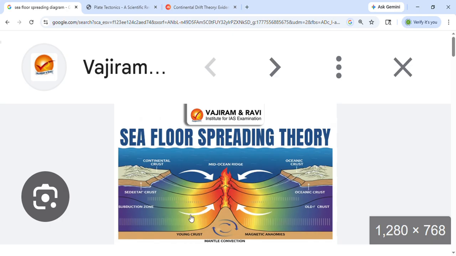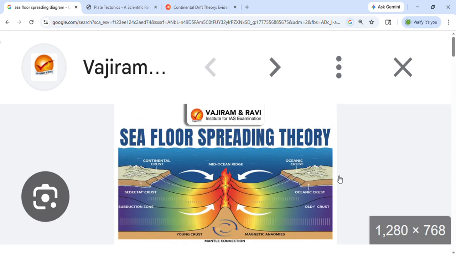New lava from this region pushes the older floor away, like a conveyor belt at an airport that continuously brings out new luggage, moving the old ones forward.